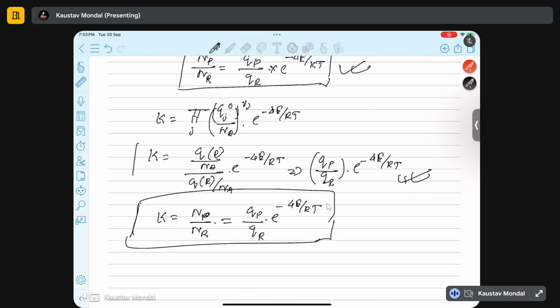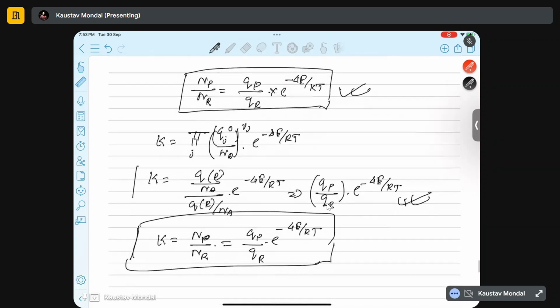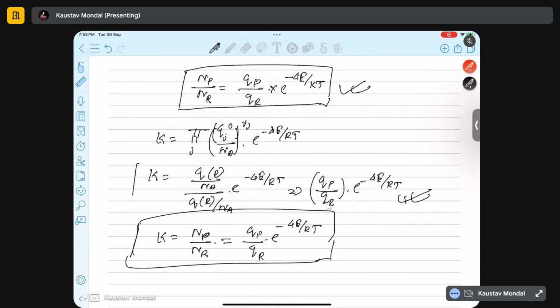If you know the population fractions of reactant and product molecules, from there itself you can also calculate the equilibrium constant K.